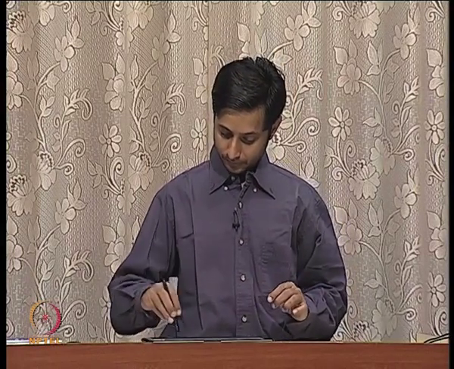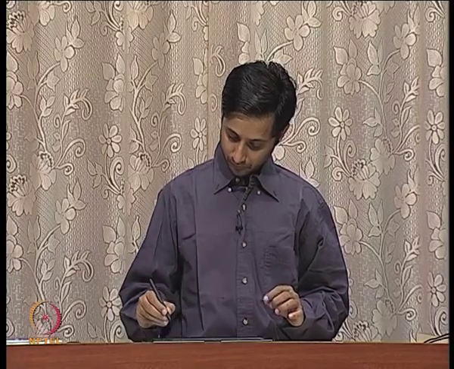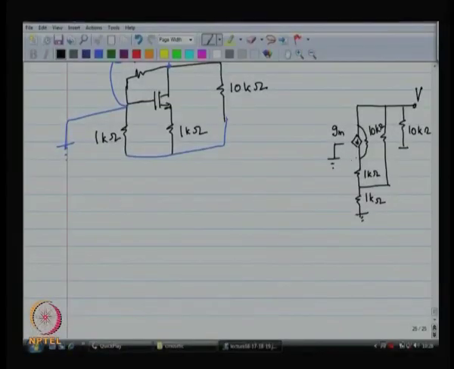Now, replace the MOSFET with its model. Okay. So, the first thing is that the 10K comes in shunt with everything else.